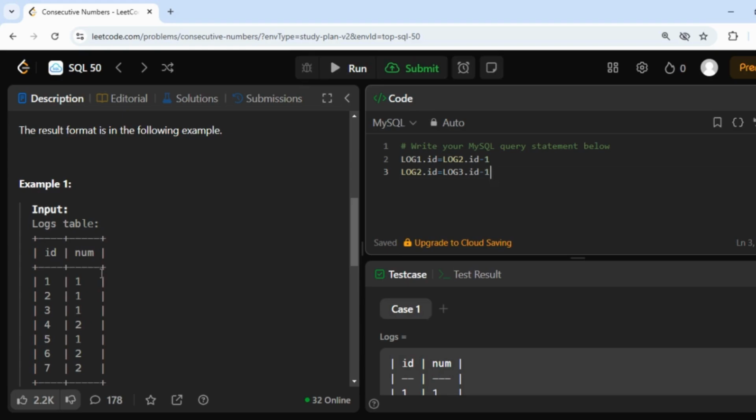Now I will match the consecutive num values of ID 1, ID 2 and ID 3.